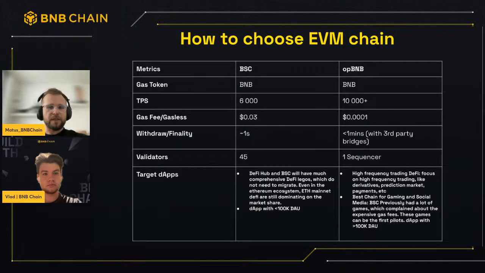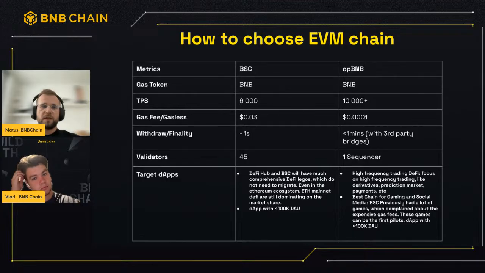Now I will go into some technical details, because not many people are aware we have an L2 and why you should use our L2 if available. As I mentioned earlier, both of our chains, BSC and opBNB, use the same token, BNB. You can see the throughput on our opBNB chain, our L2, is much higher than on our L1, and gas fees are about 100x lower.